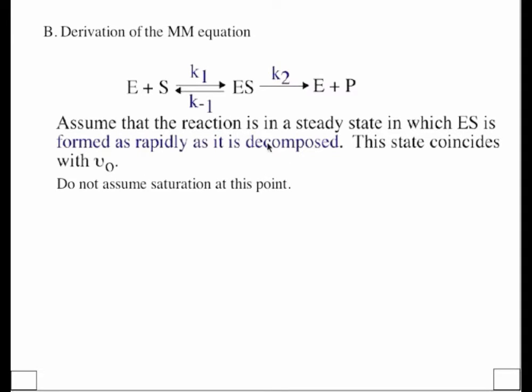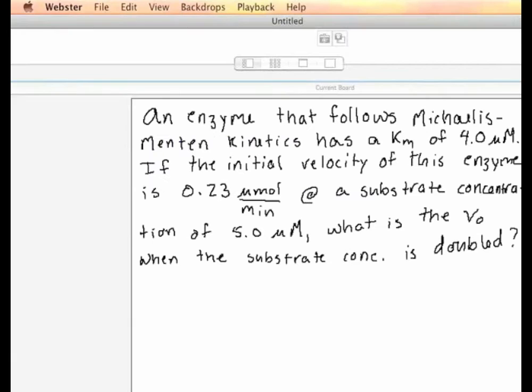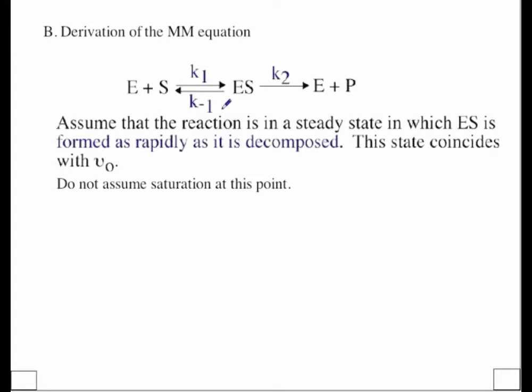We can write down what this means then, writing the rate equations for both the formation and the decomposition of the enzyme substrate complex, and knowing that they're in an equality to one another. So enzyme substrate complex is made by what process? Just this one, right?